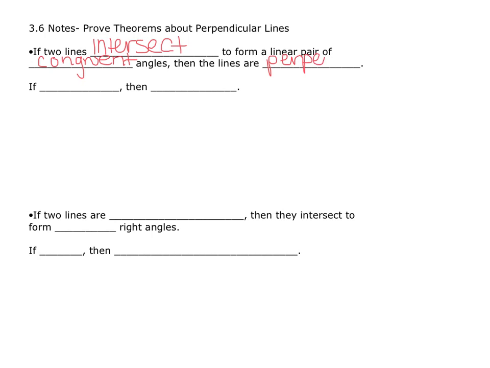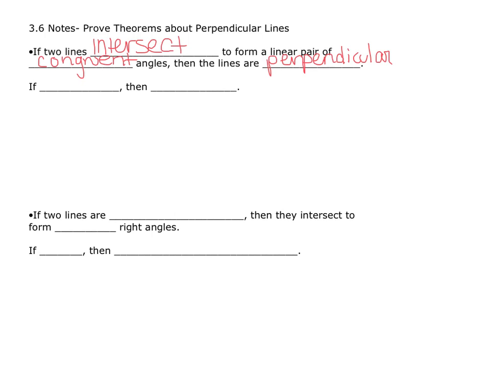What all of these notes are going to be about is different scenarios, and if these scenarios happen to be true, then we are going to be able to conclude that the lines are perpendicular. So let's read that one again. If two lines intersect to form a linear pair of congruent angles, then the lines are perpendicular.